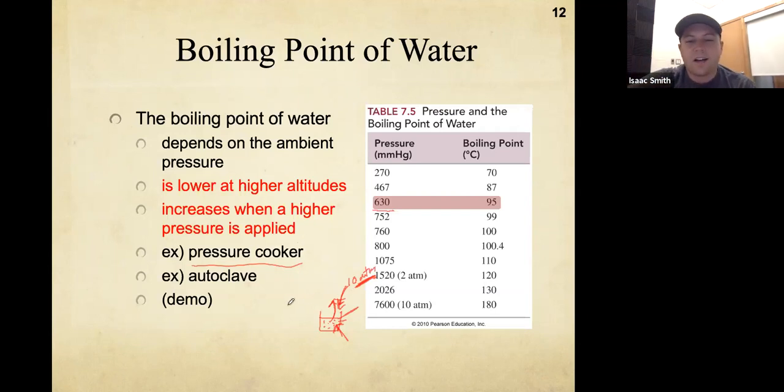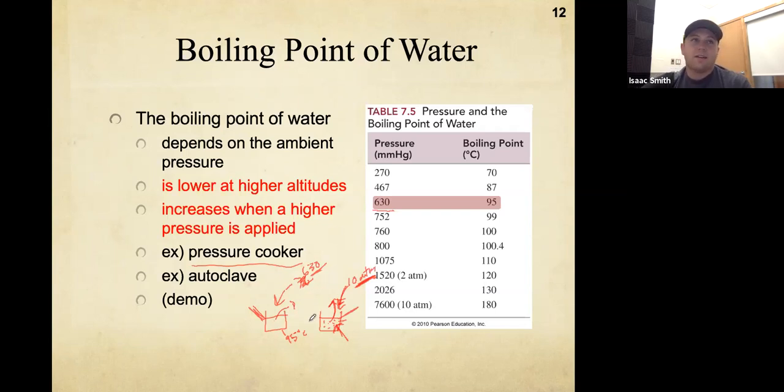Okay, and then the opposite is true at higher altitudes. If you're at a high altitude, you have a lower atmospheric pressure. Normally it's 760, but let's say in Utah your atmospheric pressure is like 630 torr. It's lower. So that means that at 95 degrees Celsius, your vapor pressure of water is equal to that lower atmospheric pressure, and the water comes off easier, which also means that you're cooking your pasta at a lower temperature at high altitude.